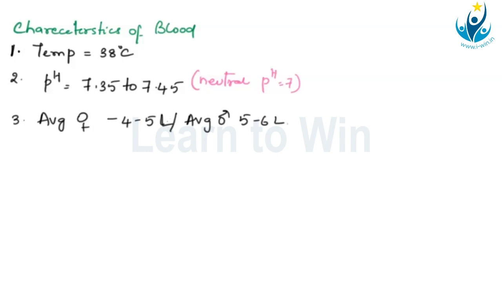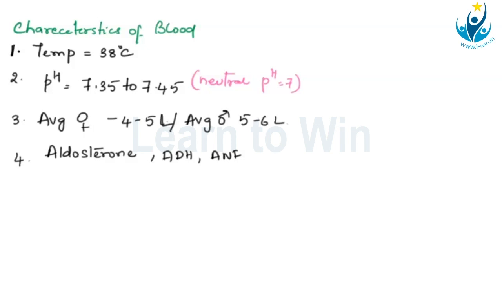And the blood pressure and the osmotic pressure are controlled by multiple hormones like aldosterone, ADH, ANF. All of these are various hormones that control the viscosity, the blood pressure and the volume of the blood.